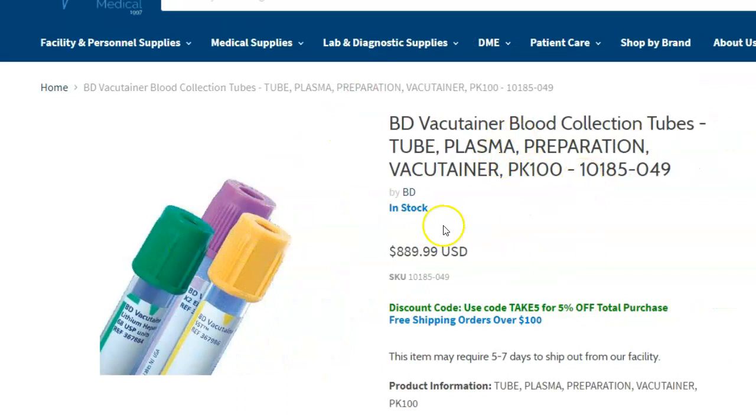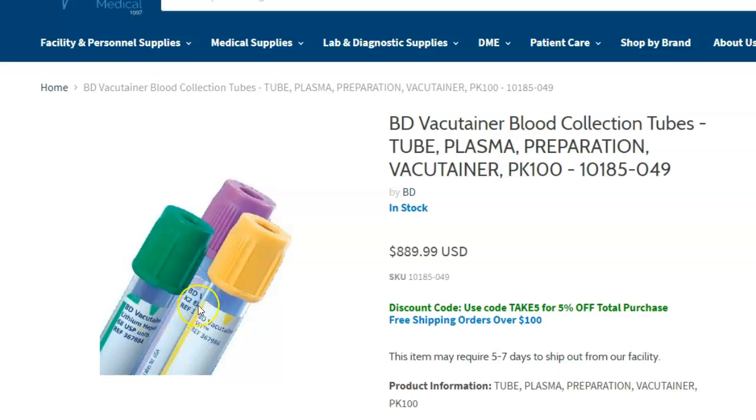These are the Vacutainer tubes that we use, these colorful tubes, and every single one of them has a different additive. Here you see this one says lithium heparin. That has an anticoagulant in it. They do have some that have what we call an antiglycolytic, which stops the use of glucose. That's an additive.